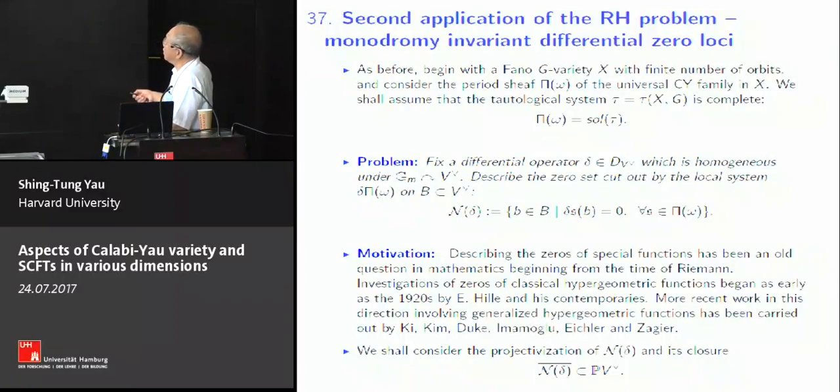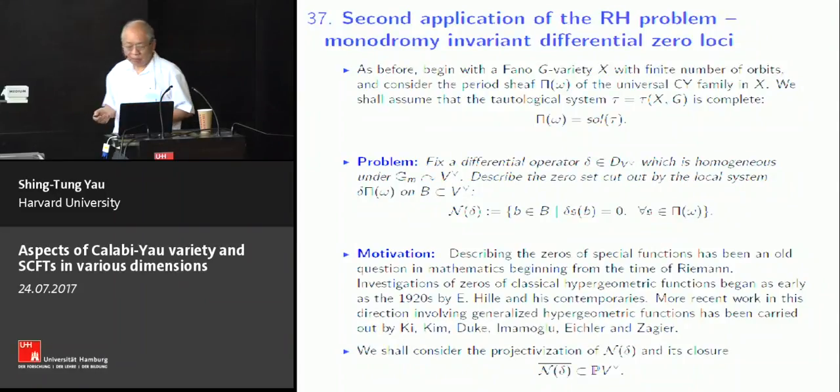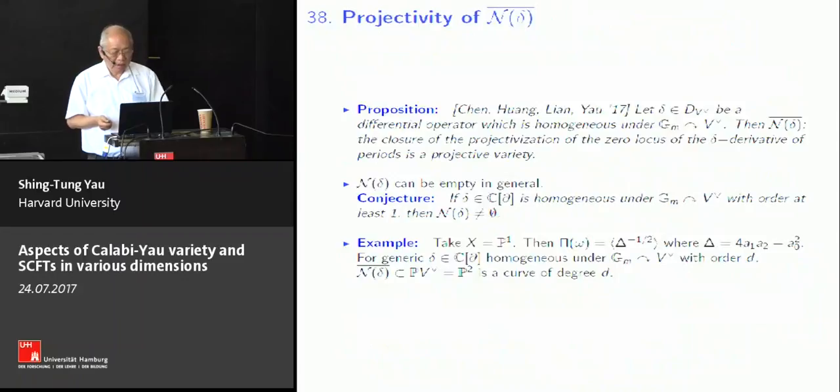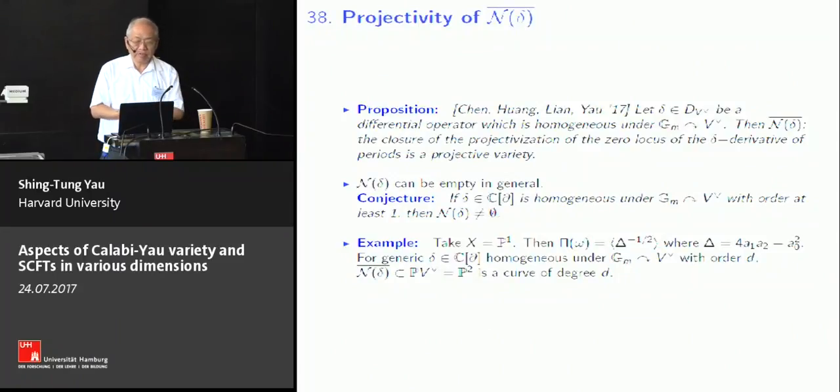And so we projectivize this locus and look at its closure in the projectivized V hat. Well, this turns out to be an interesting thing to do. And take an operator delta which is homogeneous under this action.